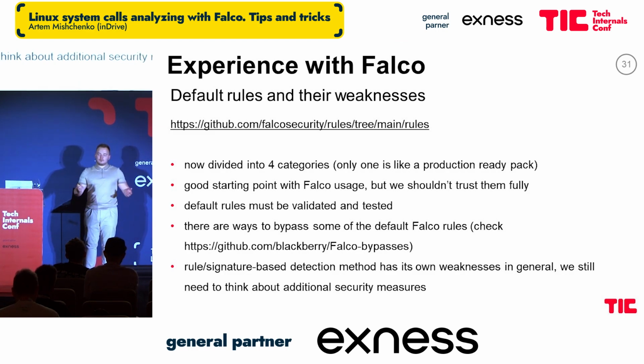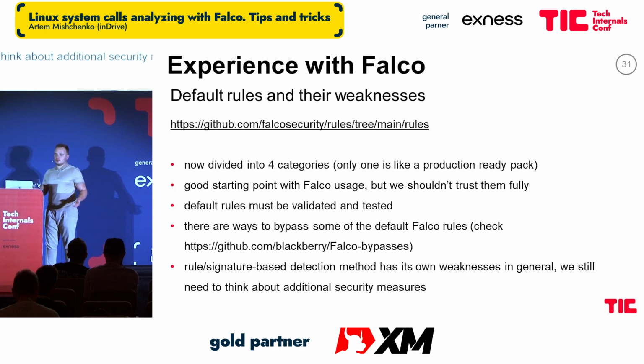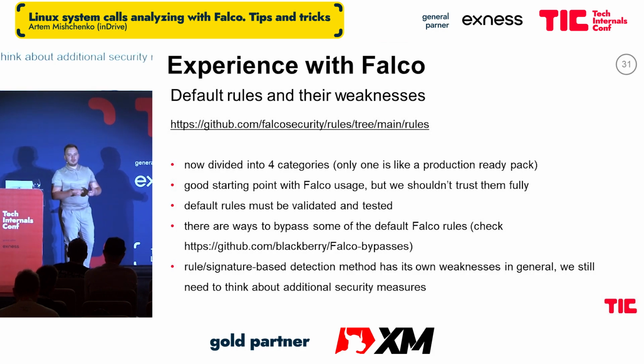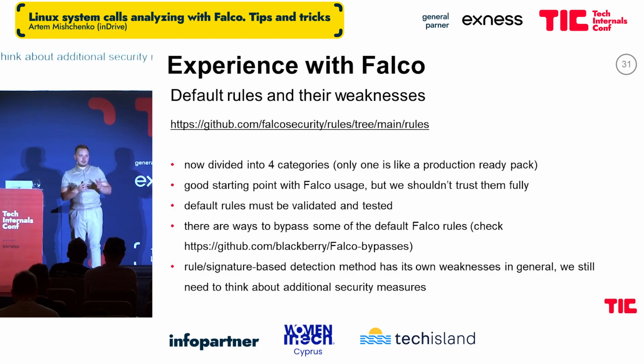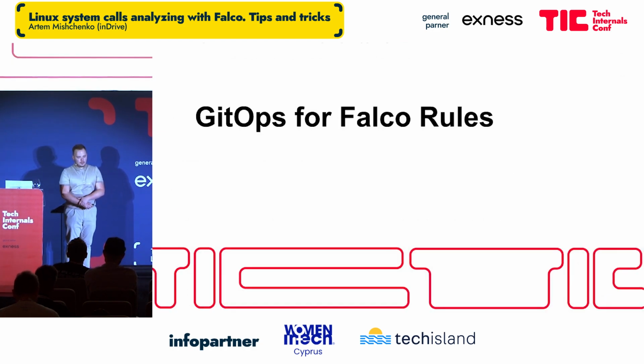But it's a general problem for rule or signature-based solutions. And Falco also has its own limitations and weaknesses. So sometimes we need to focus on different additional security measures to mitigate these problems with Falco or another tool. It's not a secret.